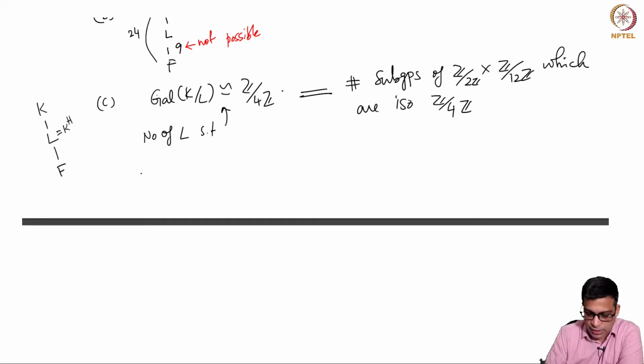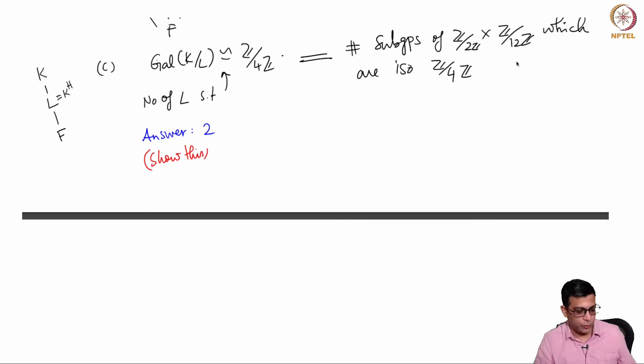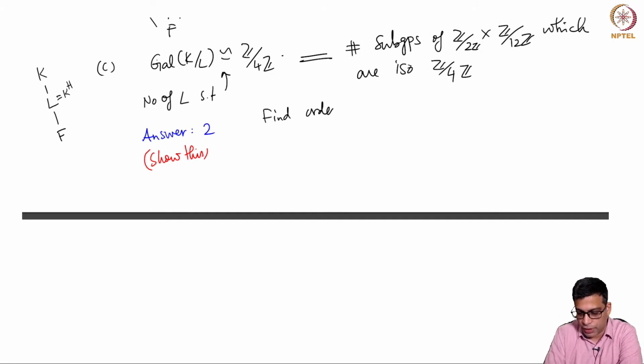So I'll give you the answer. Answer is 2, and I will let you check the solution. So show this. Okay, because we have done part A in detail, I won't give you the details here, but find order 4 elements.